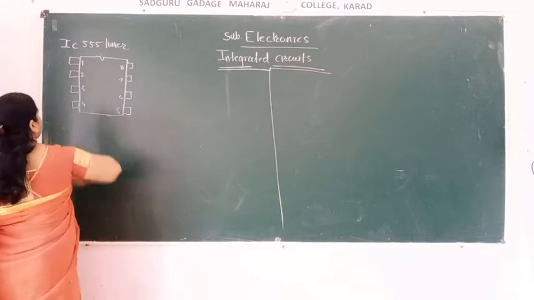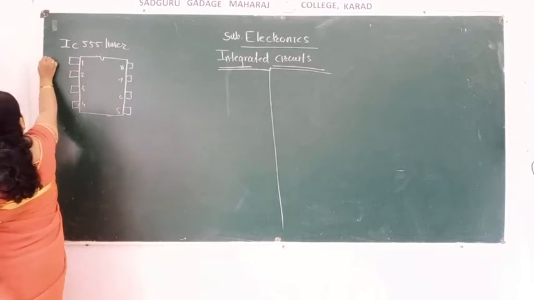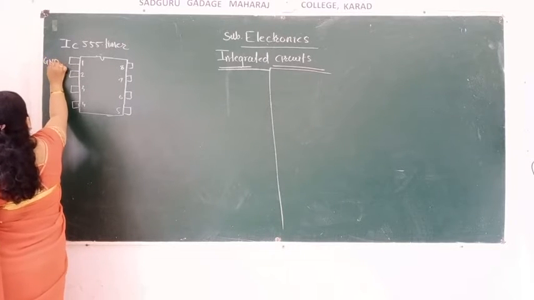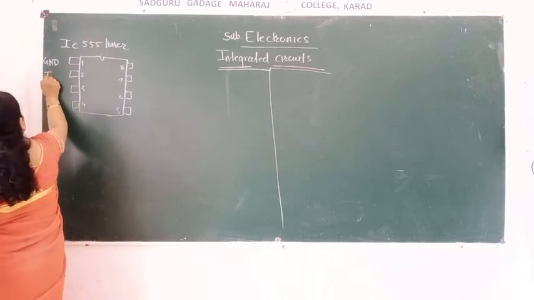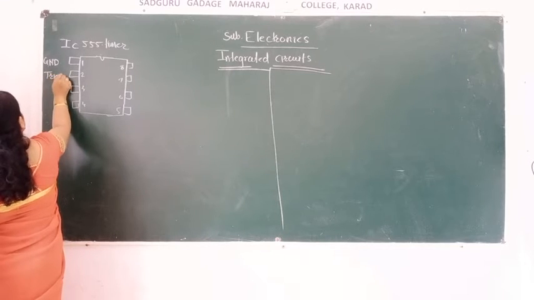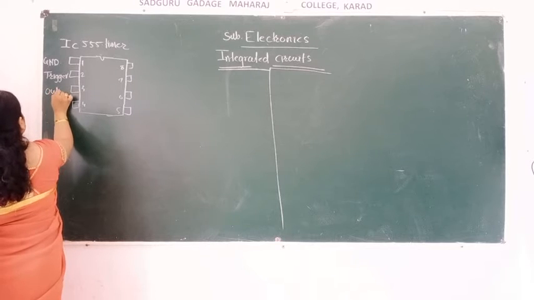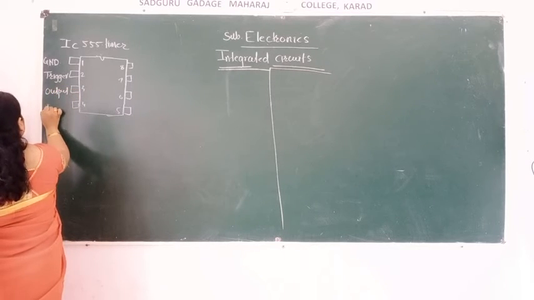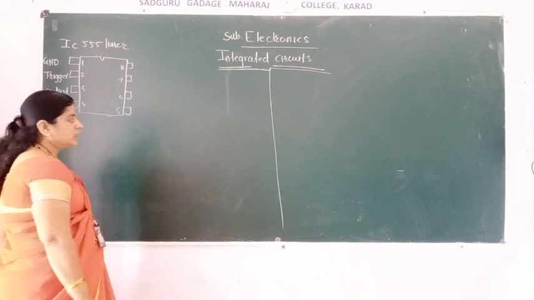So each and every pin has its own function. Pin number 1 is connected to ground and pin number 2 is the trigger. Pin number 3 gives the output and pin number 4 is the reset of the circuit.